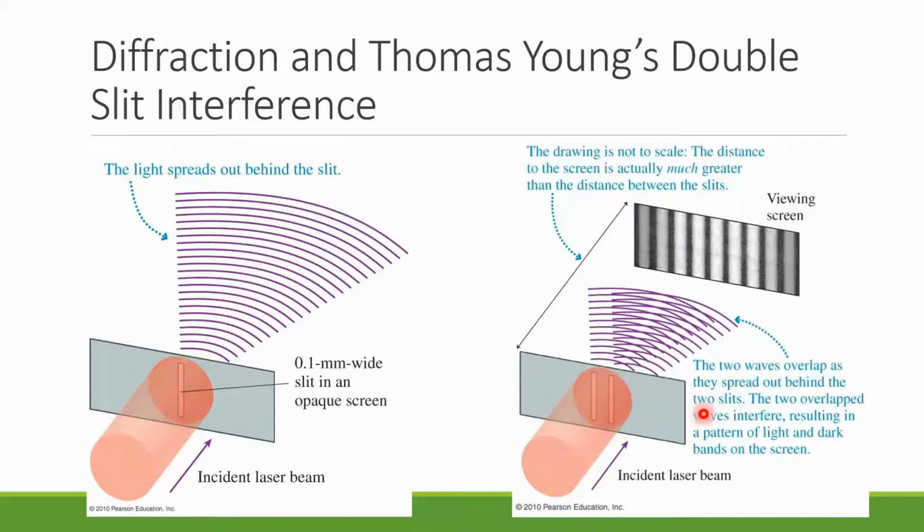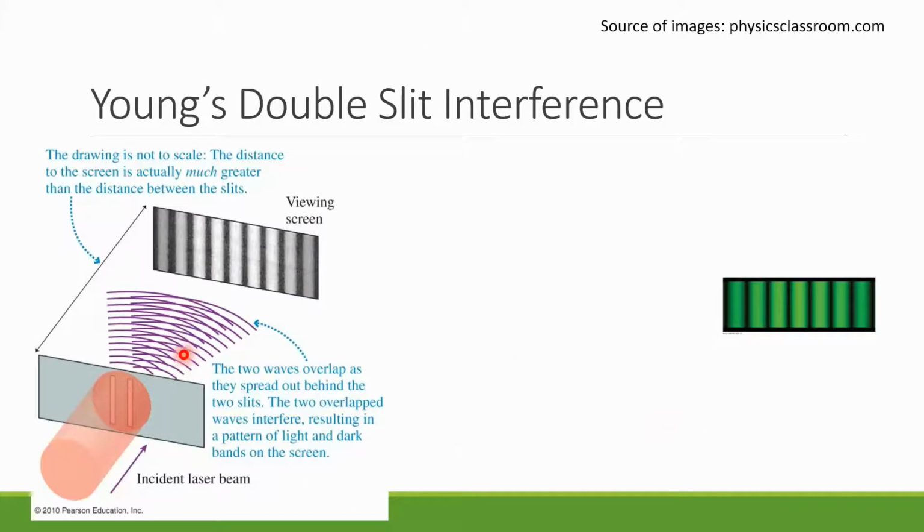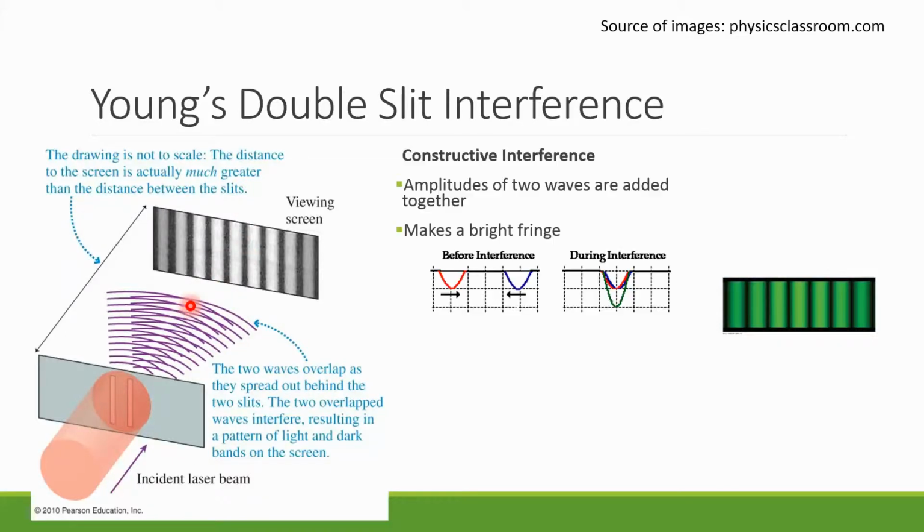So let's talk about what's going on in terms of interference here. If I have one light wave coming through the slit, and it's interfering with another, you're going to notice different kinds of interference happening. So first we have constructive interference. The light coming through this slit is going to have constructive interference with the light coming through this slit, which means it will have a larger magnitude.